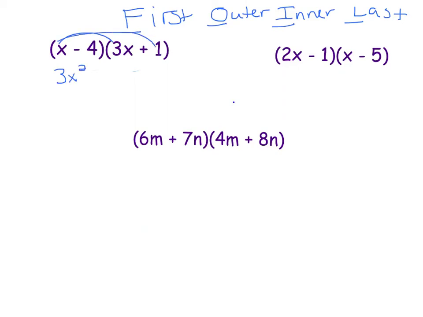Outer, x times 1 is just x. Inner, negative times a positive is a negative. 4 times 3 is 12x. And last, 4 times 1 is 4, and it was a negative times a positive, so it's a negative. And we're going to combine our terms that are like, so we have 3x squared minus 11x minus 4.